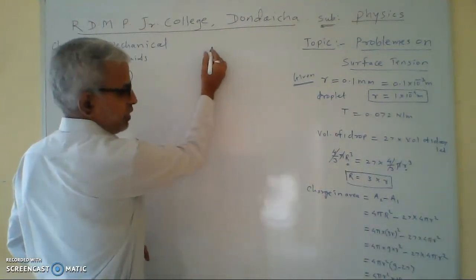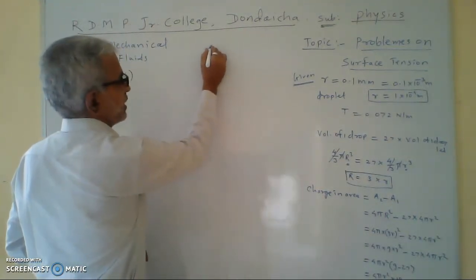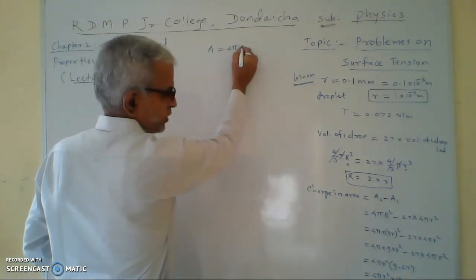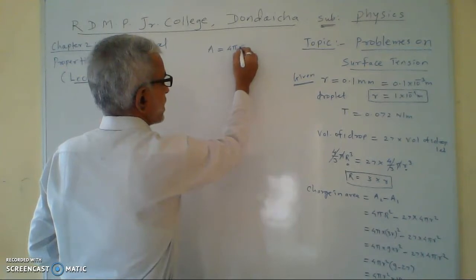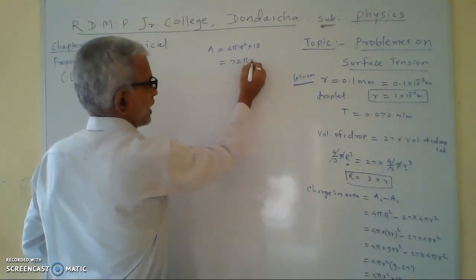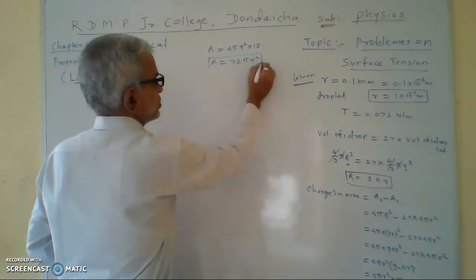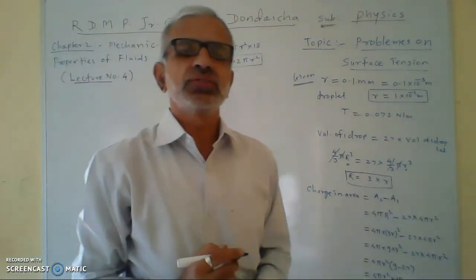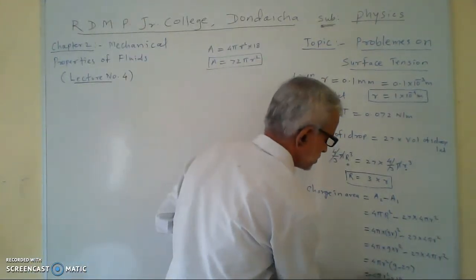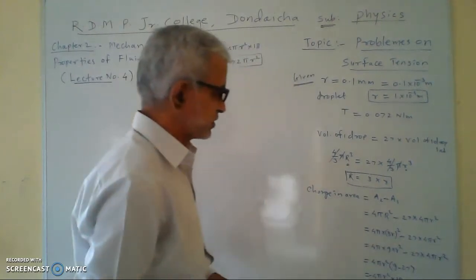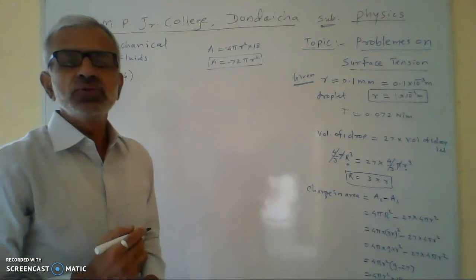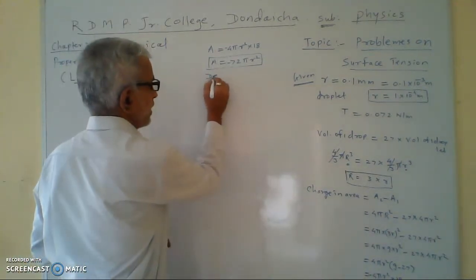So the change in area is equal to 72 pi r square in magnitude. So this is the change in area. This is the value of the change in area, and it is negative because 9 minus 27 will be minus 18. So this area is negative. Now area is negative. This indicates that there is a decrease in area.